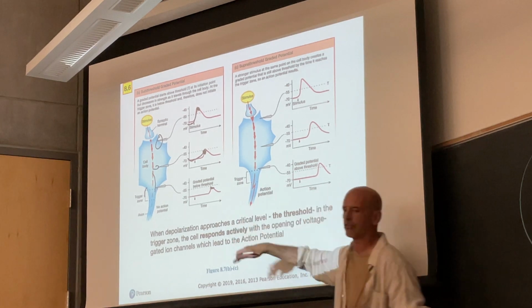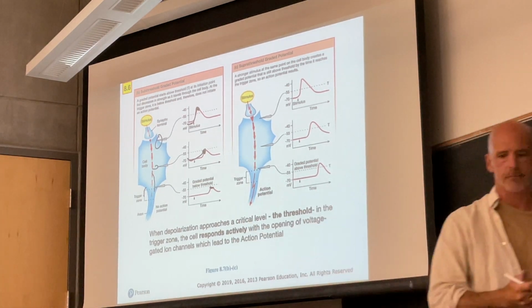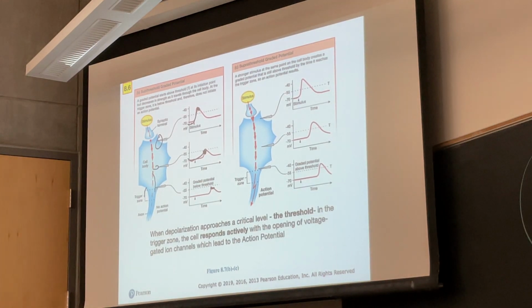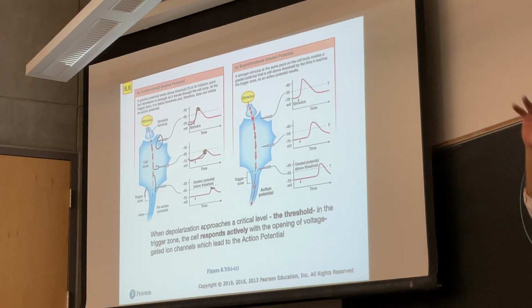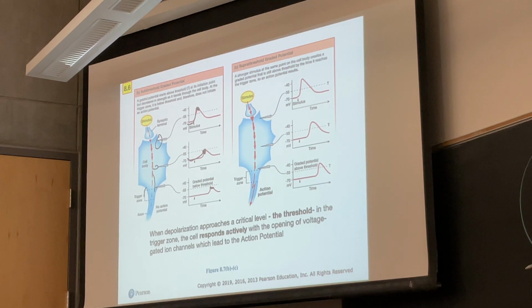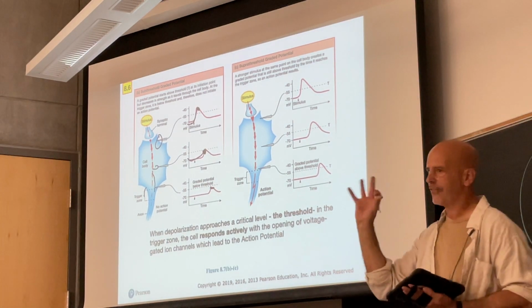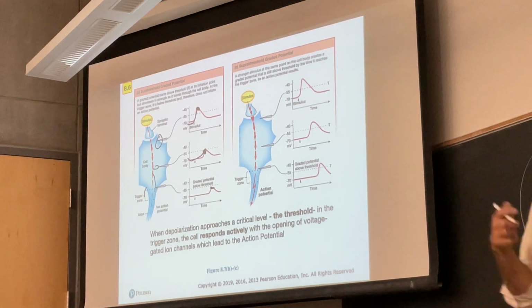We're going to have this active spread with these voltage-gated sodium channels. What was the definition of threshold again? The threshold is the critical level where voltage-gated channels open up. They're sensed, and we'll walk through this again as we talk about those sodium channels.